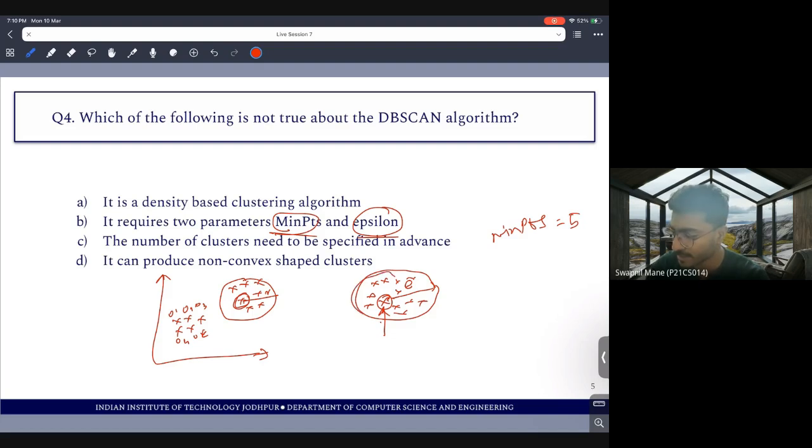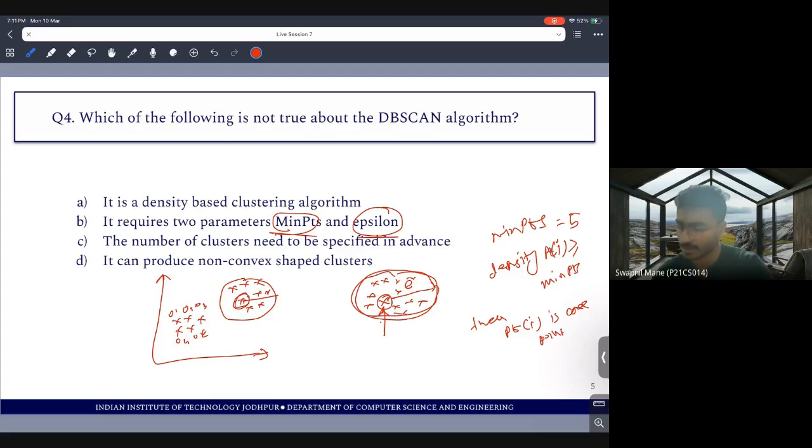If the density of a particular point i is greater than or equal to min points, then we call that point i a core point.